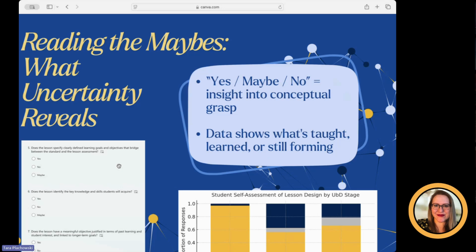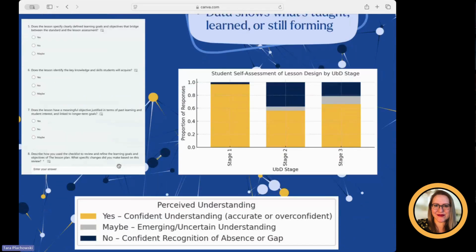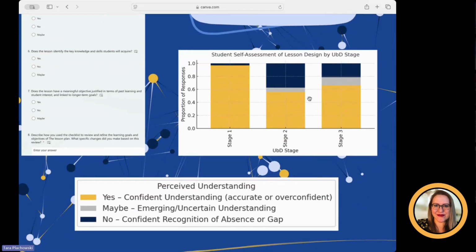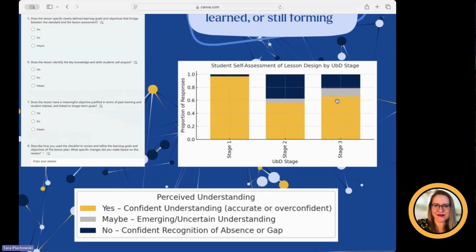they're not clear on their ability to judge this. If we look at a graph of the yes, no, maybes across the assessment, what was really interesting is that the fewest maybes were in Stage 1, which I had taught deeply when I had them do this.